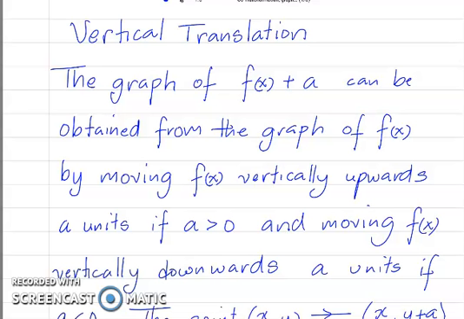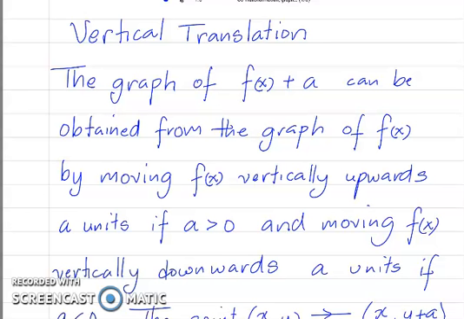Now, vertical translation says the graph of f of x plus a can be obtained from the graph of f of x by moving f of x vertically upwards a units if a is greater than 0. Here a is greater than 0 means that a is positive.